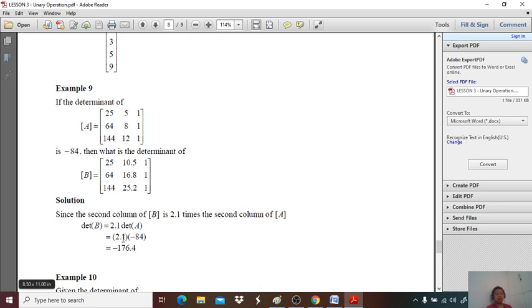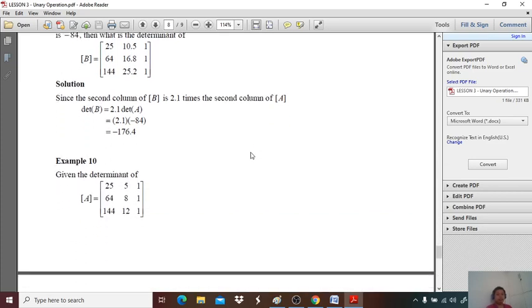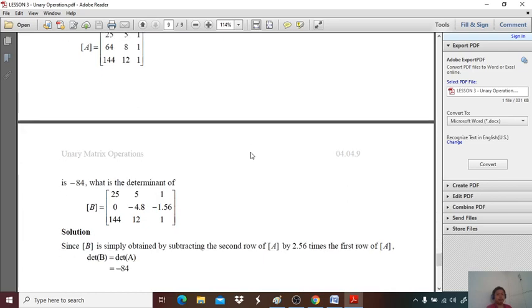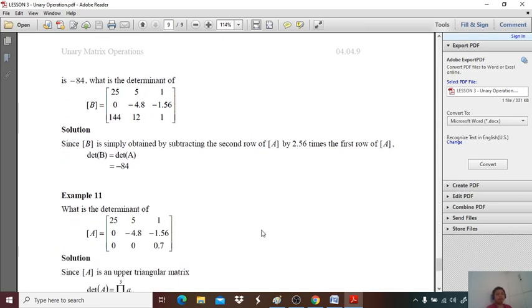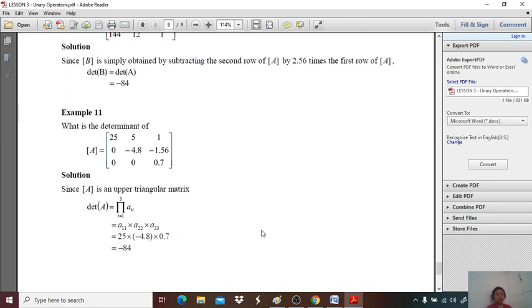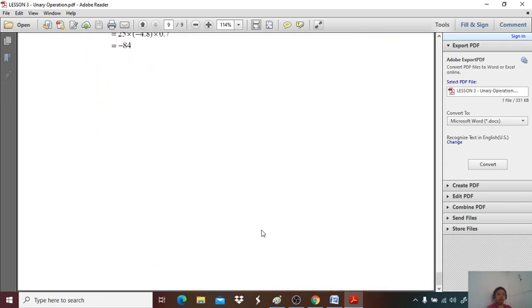We have 2.1, so the determinant of B is just 2.1 times the determinant of A. Okay, this is the same: 2.56 times the first row. Okay, so that's all for unary operation.